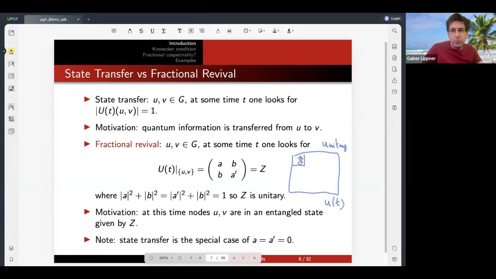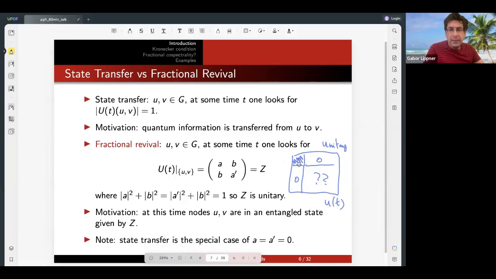So we want this corner to be unitary itself. But that implies that these will be 0 because the row norms are 1. And then this is something that we don't really care about. So basically, fractional revival on two nodes asks for a time where this UT matrix has this block diagonal structure. Once it's block diagonal, the blocks must be unitary themselves. So that's not an extra condition. What matters is the block diagonal structure.